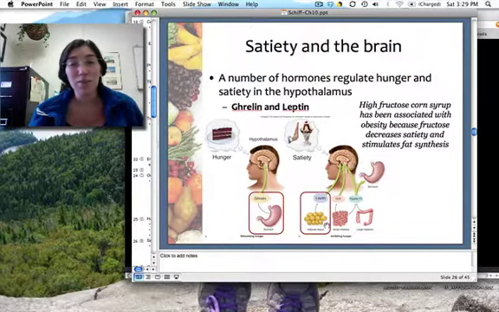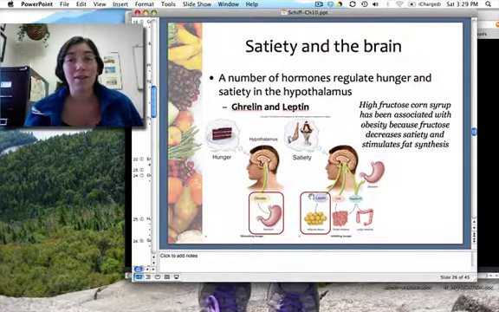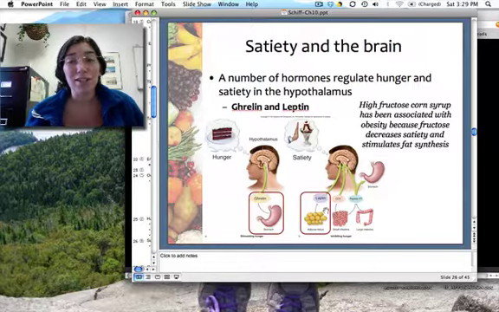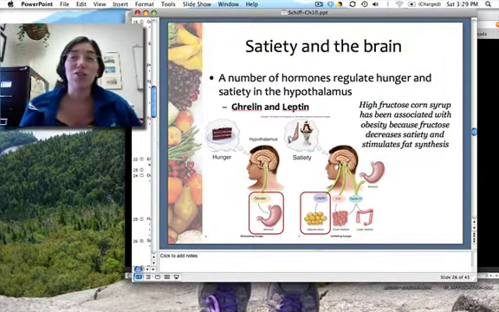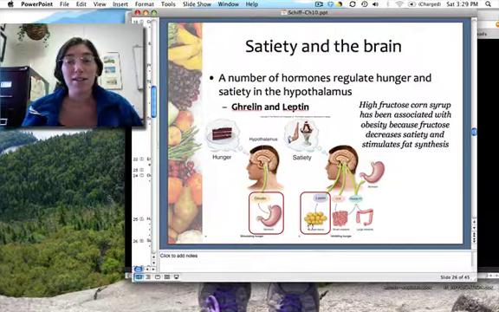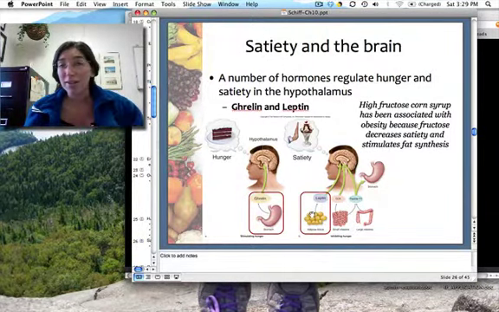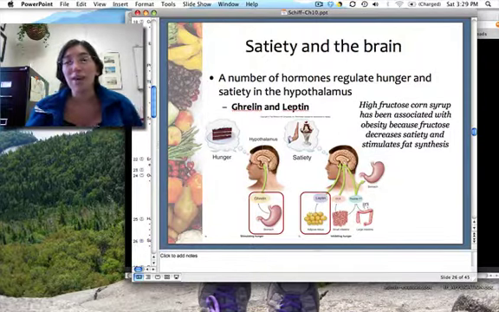And when you are underweight, you produce less leptin, and sort of evolutionarily, this should make you feel less satisfied, should make you feel more hungry. That when you're underweight, you have less fat stores and you have less leptin, you should be seeking out food. Whereas if you have more fat stores and you're producing more leptin, you should be not seeking out food and sort of regulating your intake.